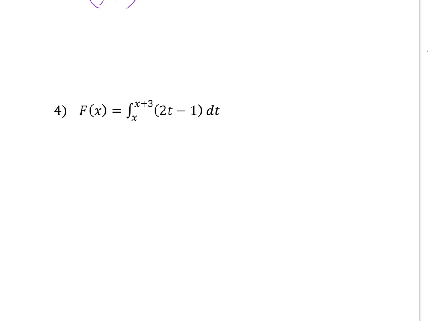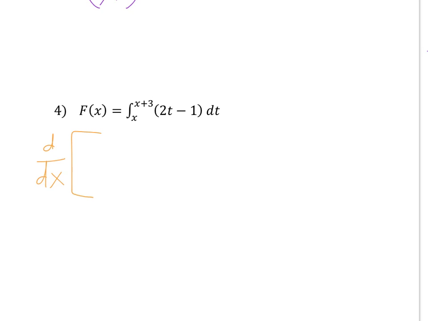So what's going to happen here is we're going to want to break this up into two separate integrals. So remember, we're finding the derivative, so there's a big d dx kind of around the entire thing.